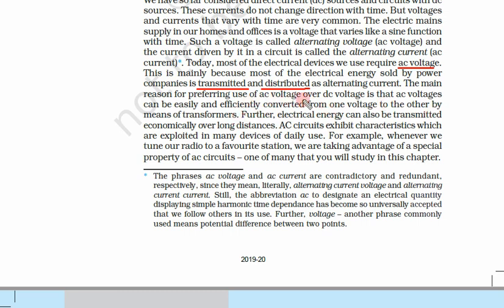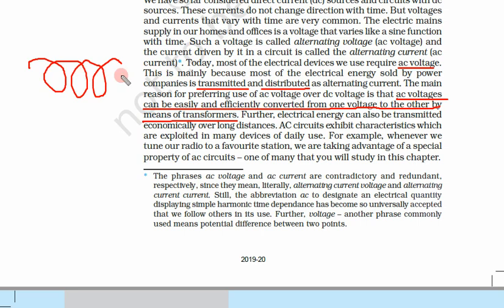The main reason for preferring AC is that AC voltages can be easily and efficiently converted from one voltage to another by means of transformers. In the last chapter we learned about mutual induction: one coil is here, another coil was inside this. Suppose we put another coil very near to it.